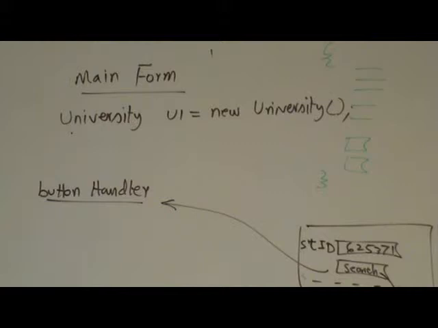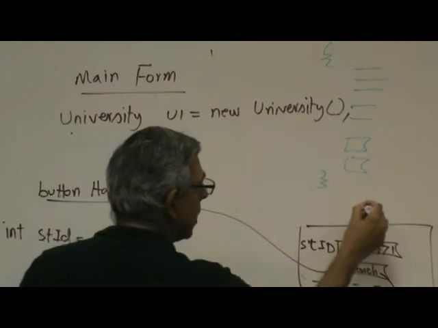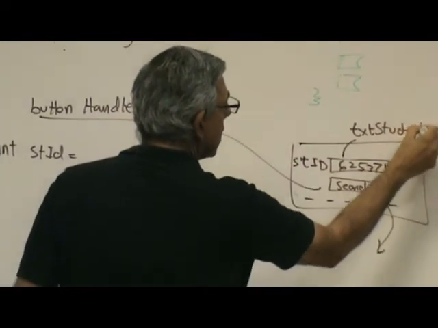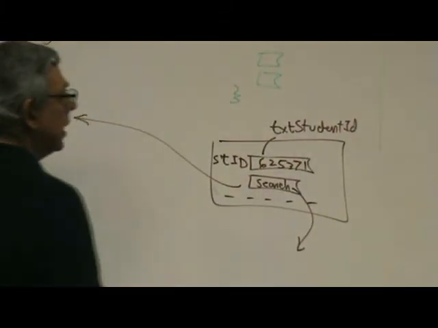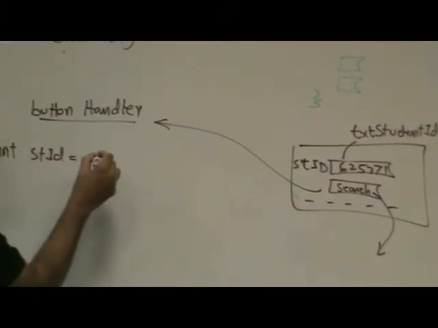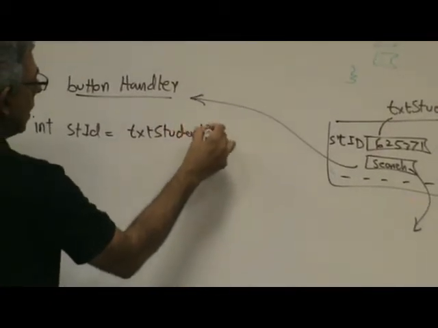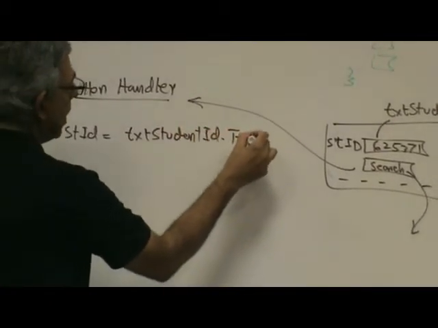Our typical code will look something like this. We will say int studentID equal to, suppose this is called txtStudentID, that's the name you gave it when you created it. So what will it say over here? txtStudentID.Text, right?